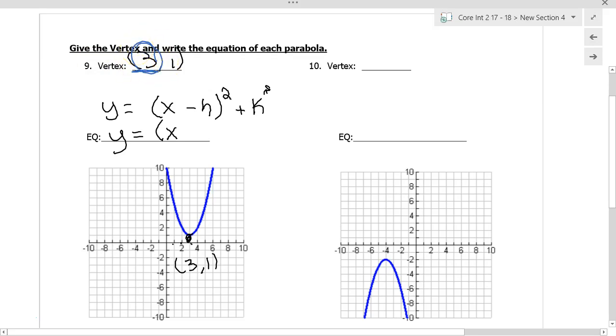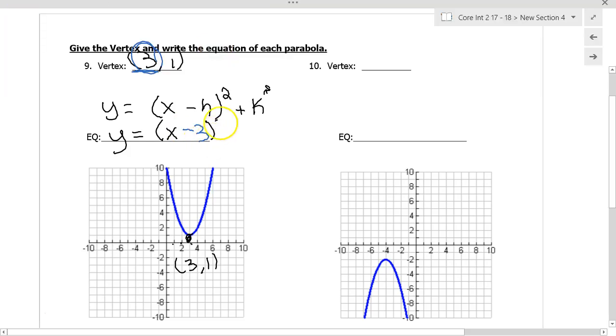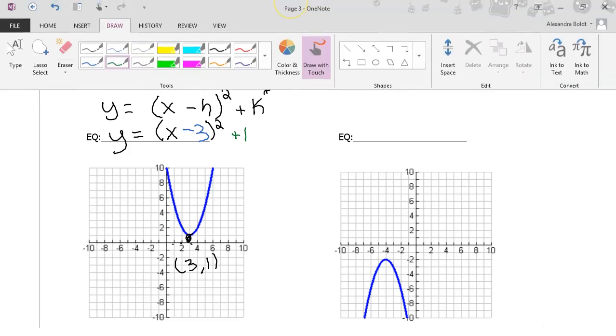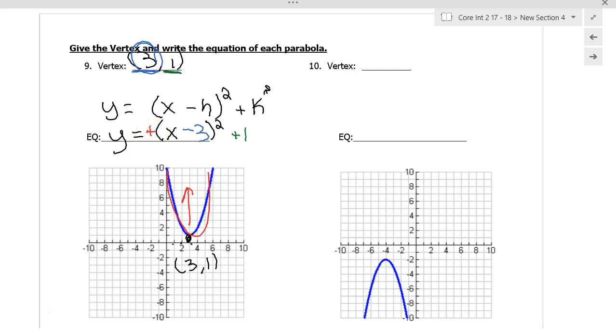I'm going to subtract because I changed the sign, so minus 3 squared. Then I have 1, we keep this one. So y equals (x minus 3) squared plus 1. The last thing we have to do is decide smile or frown. This is going up, it's a smile, so I just put a positive out front. It's positive. It's happy, right?